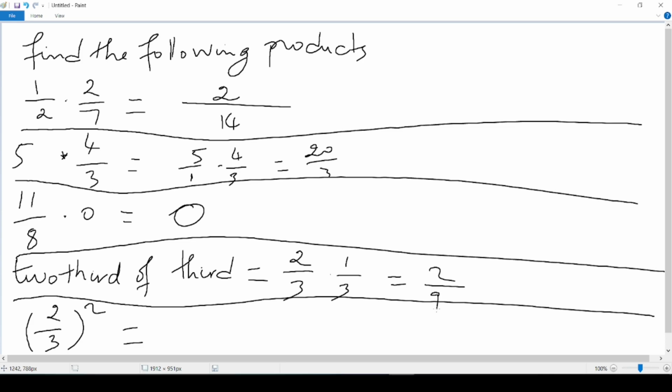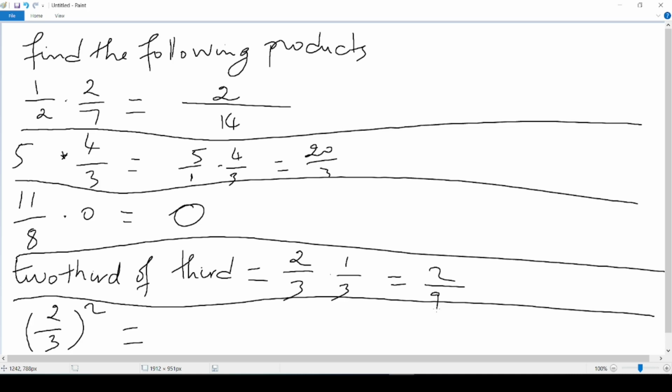All right, and finally, 2/3 squared. You will tell me I'm not doing multiplication, right? Okay, that's multiplication, because we saw in one of our videos that an exponent is a series of multiplications.